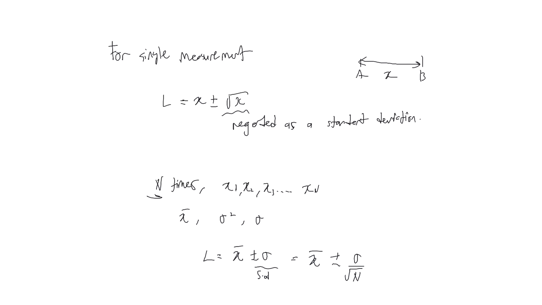So if sigma is the standard deviation, then sigma times 1 over the square root of n is called the standard error of the average.